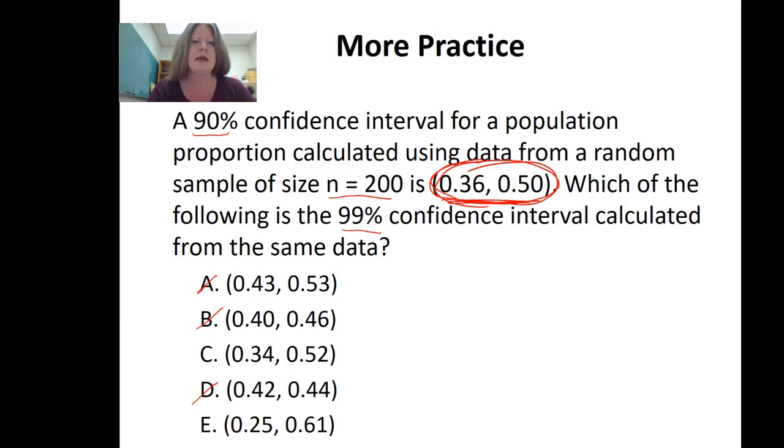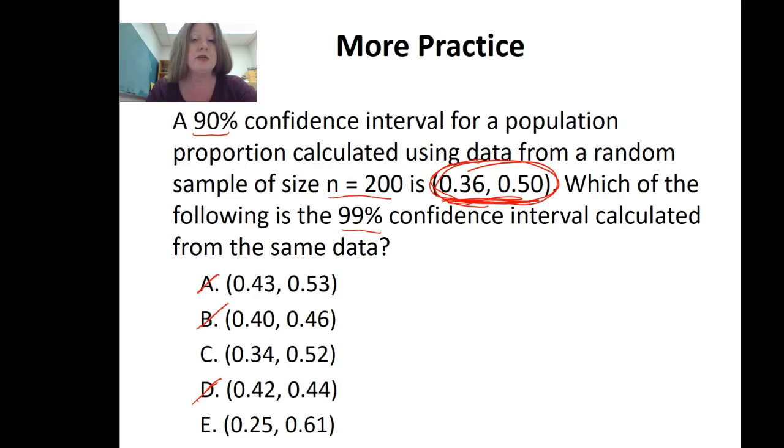And obviously, answer options A, B, and D are all more narrow than this original interval. So that leaves us with options C and E. How can we figure out which one would be most appropriate?